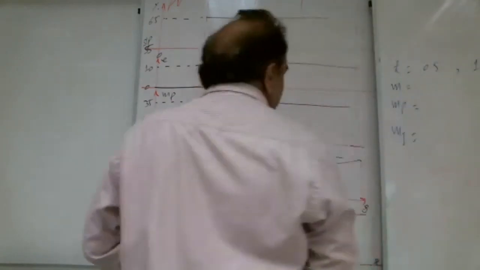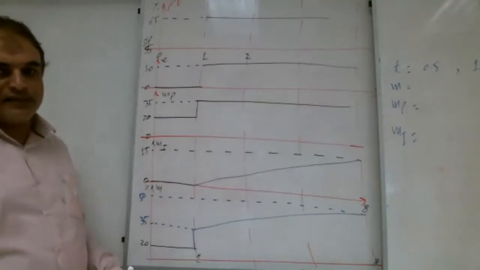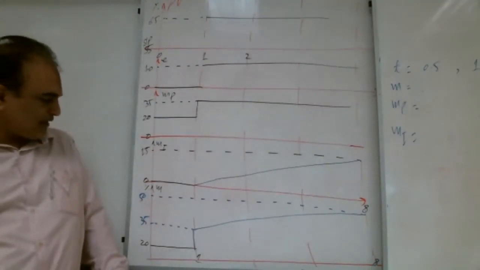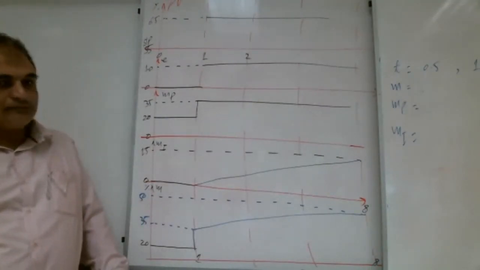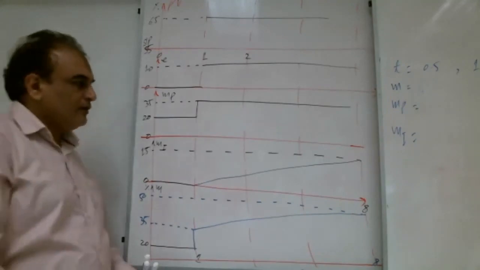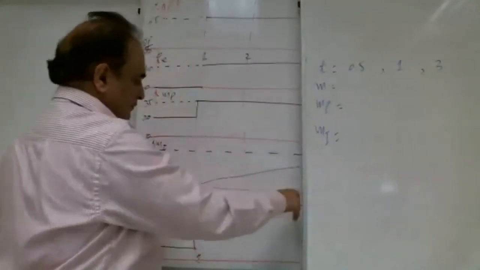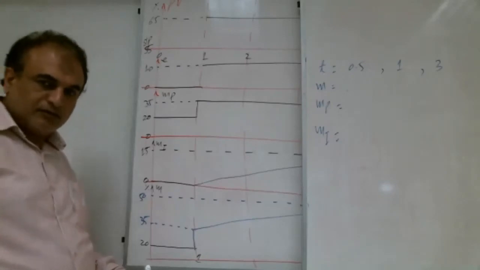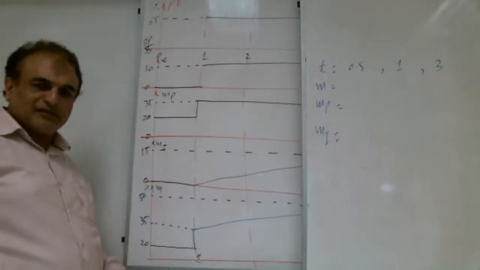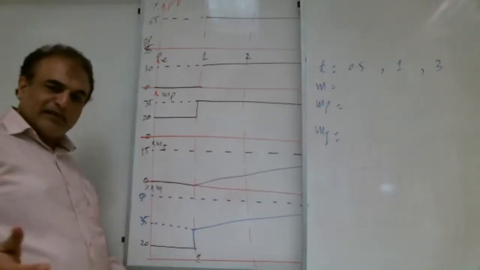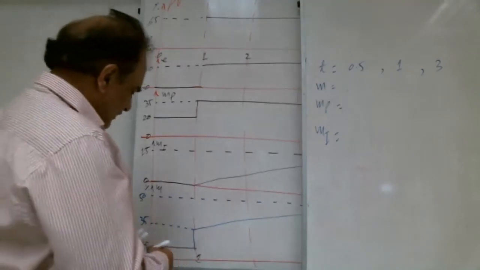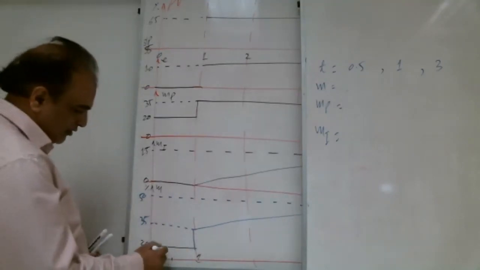Yes, Shabab. What is M at 0.5 minute? Very good. A lot of brothers are writing 20. Shabab, please participate. Please tell me. This is the 0.5 here. So how much M? 20.